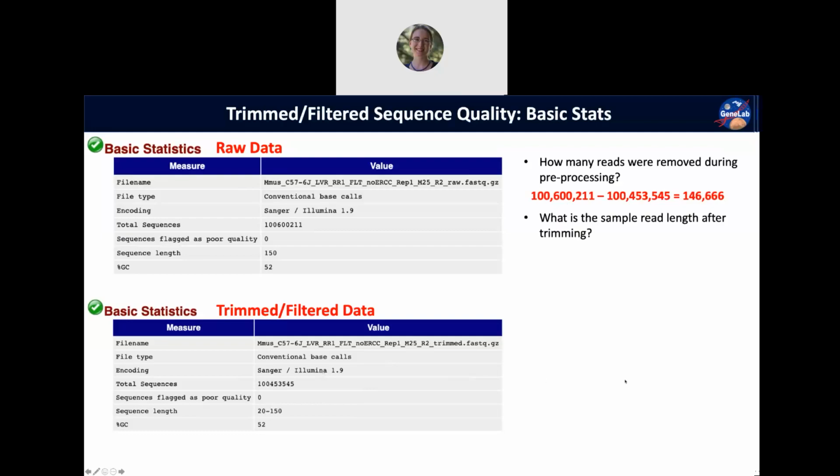What's the sample read length after trimming? Yeah, 20 to 150. Any guesses why that is? Why is 20 the smallest? You can put it in the chat or unmute your mic.